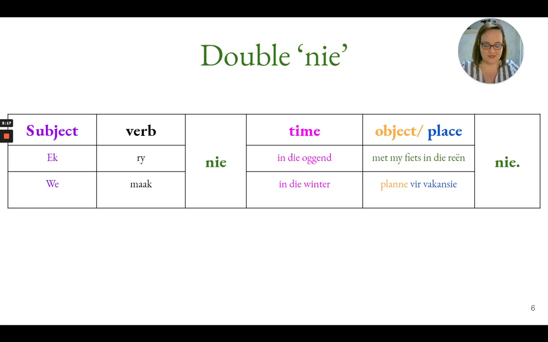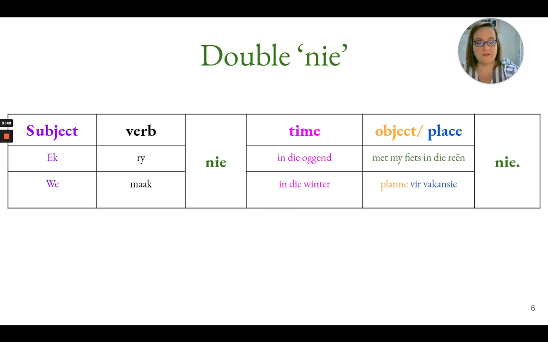Okay, double ni. Let's do a sentence. Ek ry nie in die oggend met my fiets in die reën nie. Okay, can you see I've just added the object and the place together? Apologies, met my fiets should be an orange and die reën is the place. So I've just added the object and place together for space.